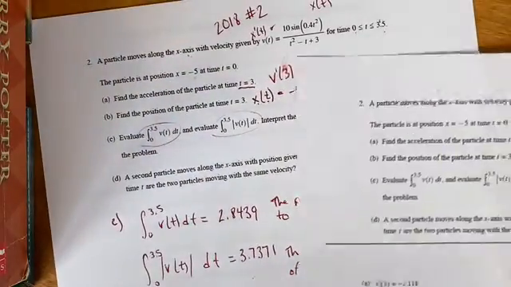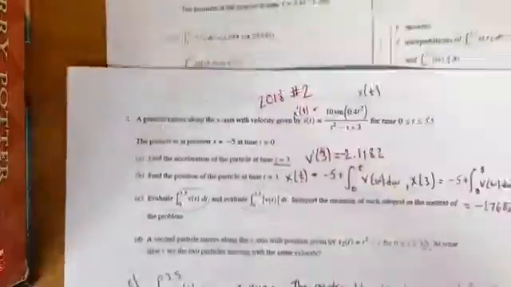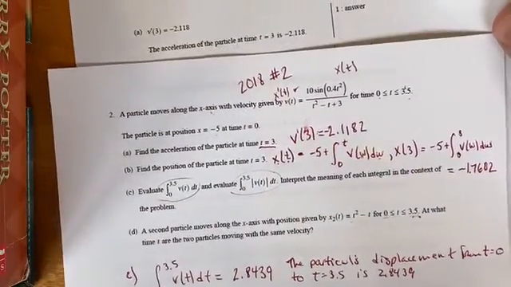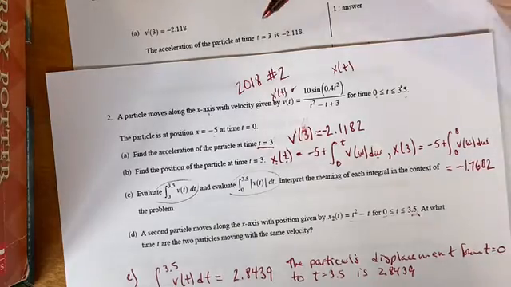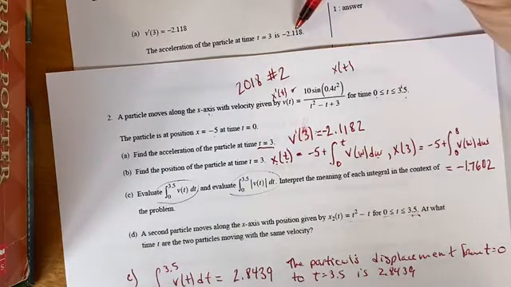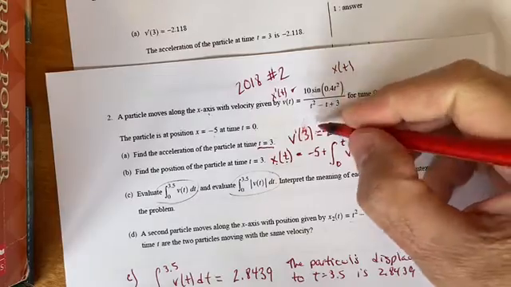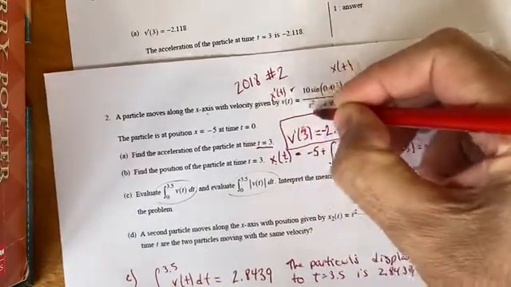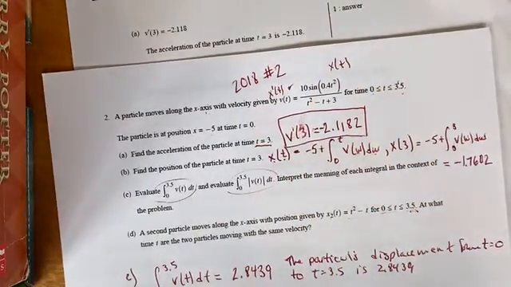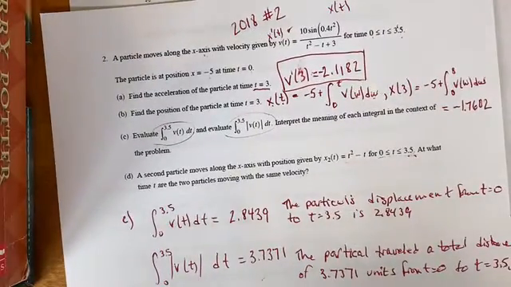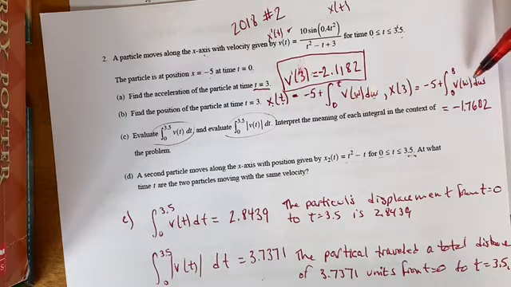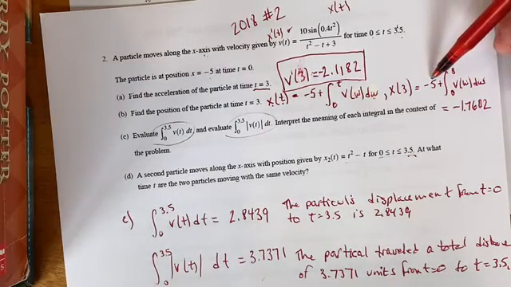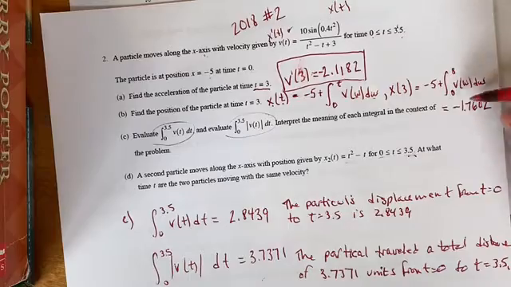And that's it. I have time, so I'm going to check out the scoring guidelines. So for A, the acceleration of the particle at time equals 3 is negative 2.118. Probably should box it, right? B has 3 parts. 1 point for integrating from 0 to 3, 1 point using the initial condition, -5, and 1 point for the answer.